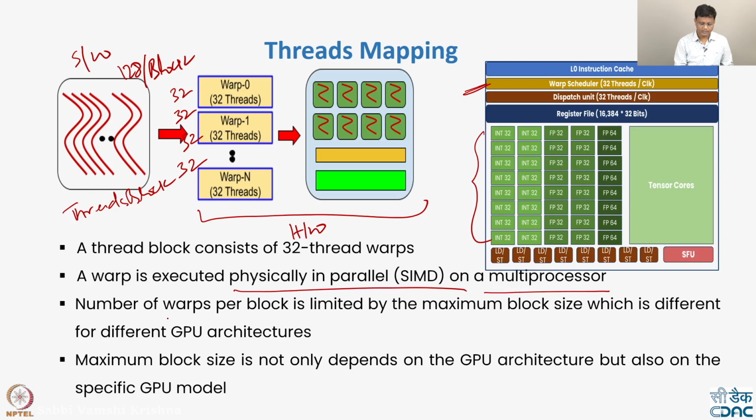But interestingly, the number of warps per block is limited by the maximum block size, and it is different for different GPU architectures. Not only the architecture, it may be different for specific GPU models.